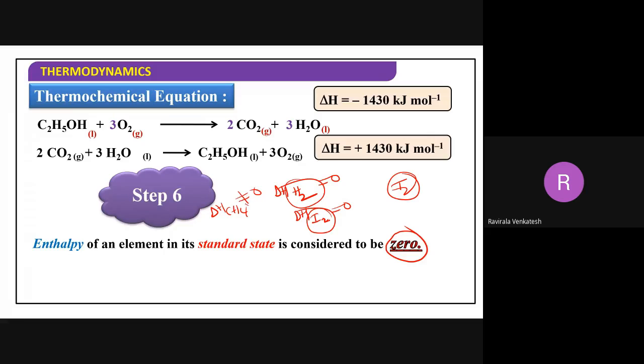Why? Because it is a molecule formed from certain elements. In that case, some amount of heat will be exchanged for the formation of methane. But hydrogen is a natural element, so there is no heat liberated or absorbed. So for any element, the standard enthalpy of that element in standard state is taken as zero.